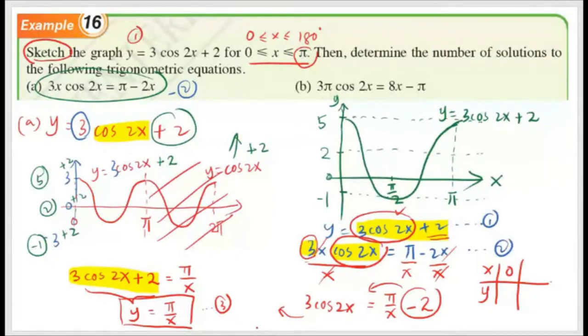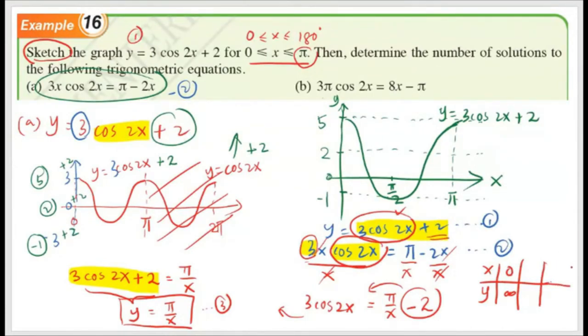I think x cannot be 0, right? If you put x equal to 0, your equation will give a mathematics error. It means it's undefined. So we cannot use this one, we have to choose other values.